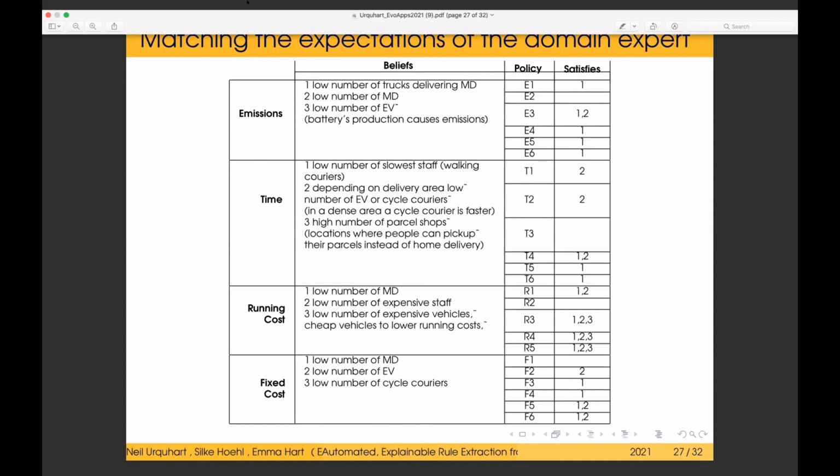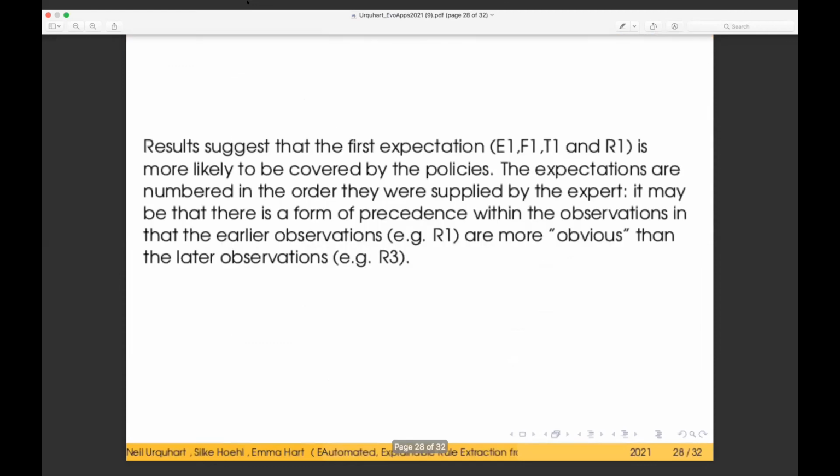This exercise showed up a number of mismatches between the model that we used for optimization in our code and the model that the expert had in their head. And that highlighting of beliefs that we couldn't satisfy was probably the single most useful part of this entire exercise.